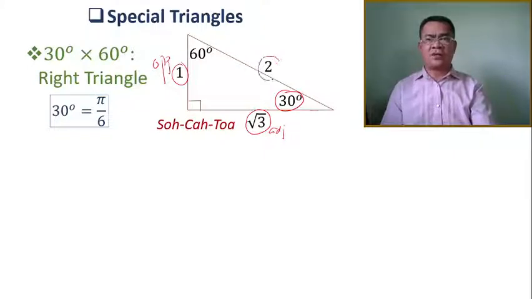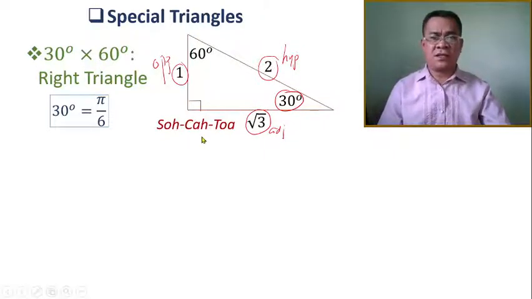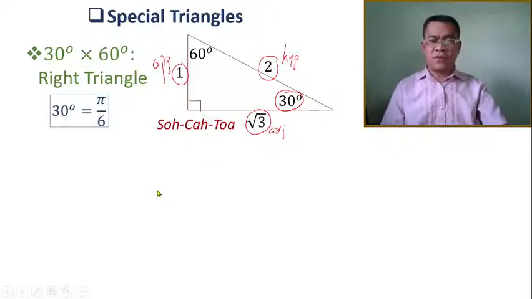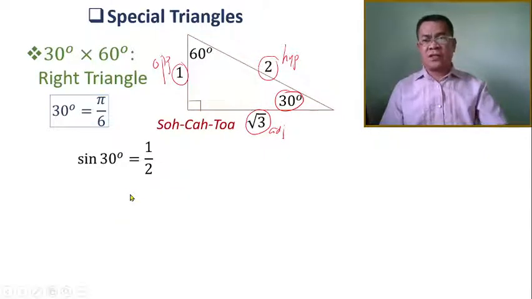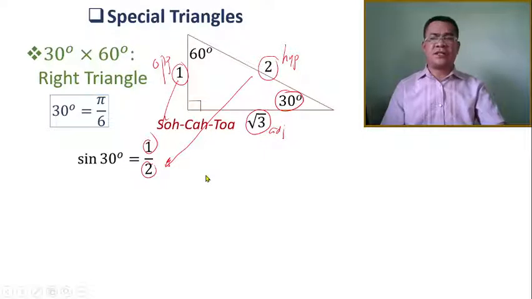And again, 2 is our hypotenuse, because the hypotenuse is always opposite to the 90 degree angle. So calculating the sine of 30 degrees, take note, it means opposite divided by the hypotenuse. So we have 1 divided by 2, and the answer should be 1/2. And this is the exact value.